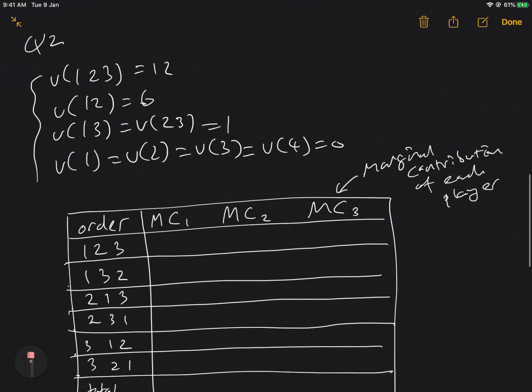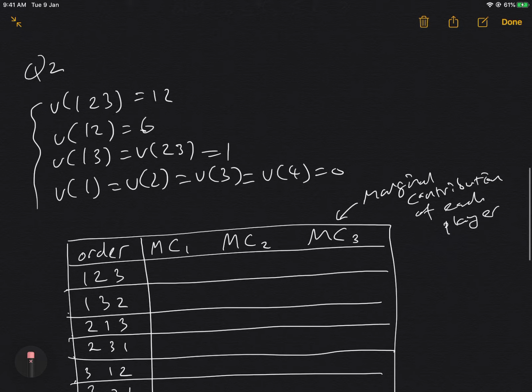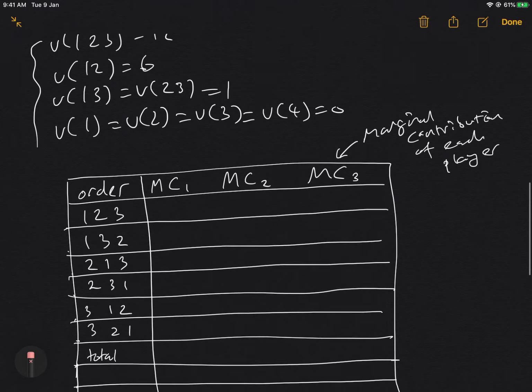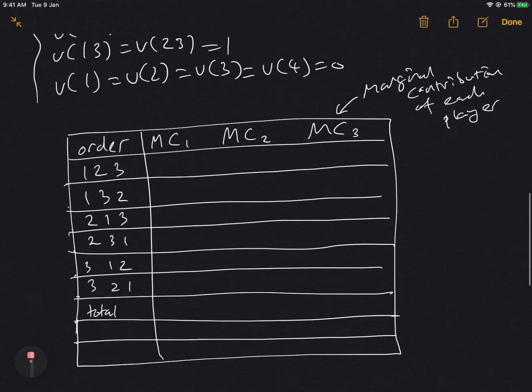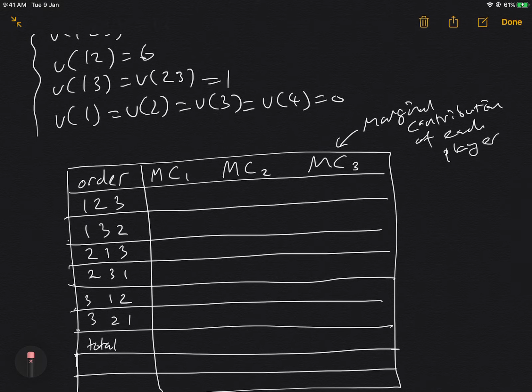Simple game means that the value function can only take 0 or 1. Sorry, I'm going a little bit slow, but it's just to consolidate these ideas so you don't have any confusion when you're understanding it. Okay, so this table is here.